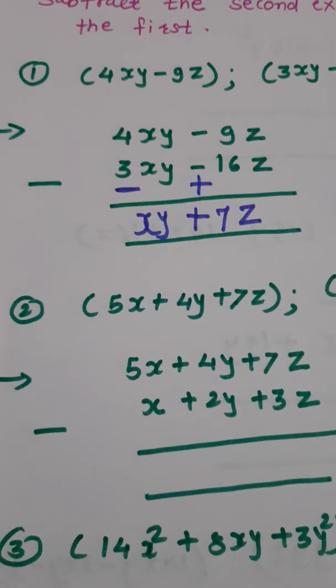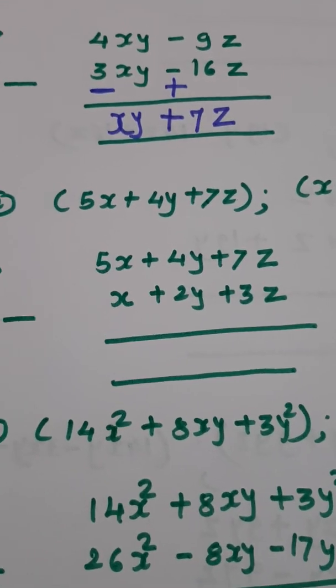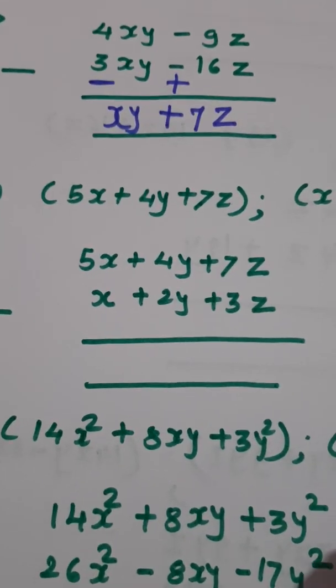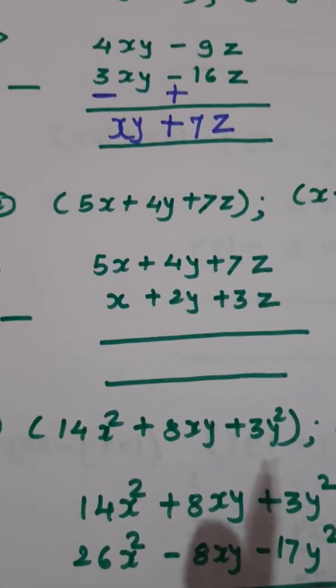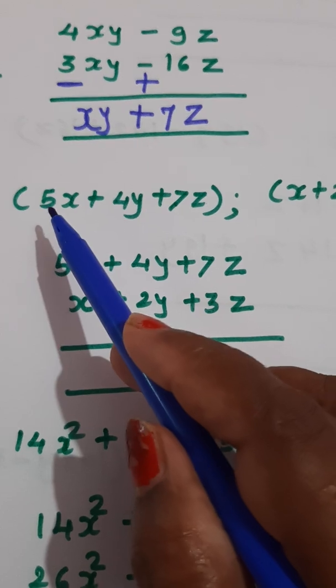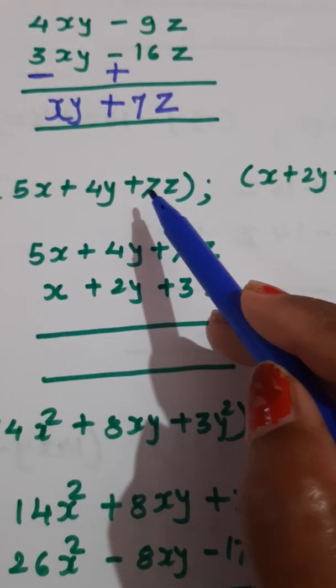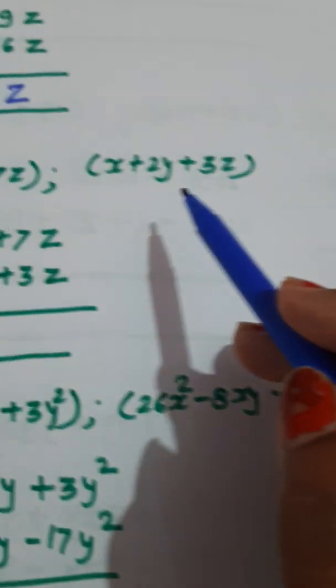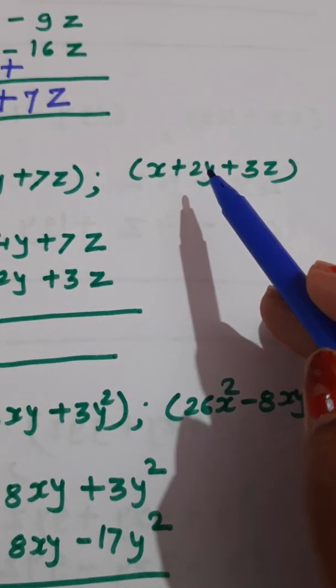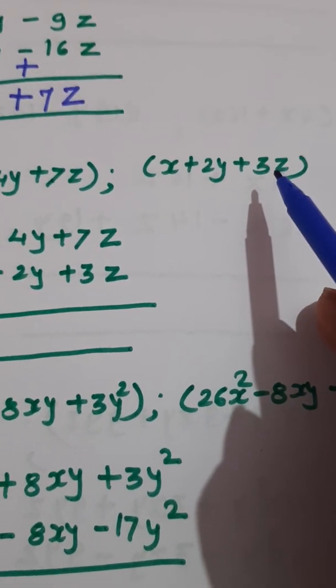Now let's go for the second one. Second sum is very simple. The first algebraic expression is 5x plus 4y plus 7z, and the second expression is x plus 2y plus 3z.